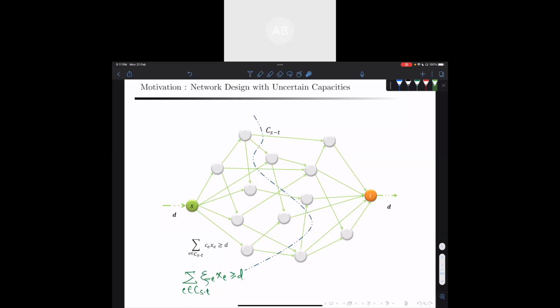When network traffic is super high, how do you ensure that you're able to send that flow, because that operation is super critical? When the cost of failure is super high, with changing bandwidths of the arcs carrying the flow, how do you ensure that the flow goes from source to sink? That's the primary motivation.